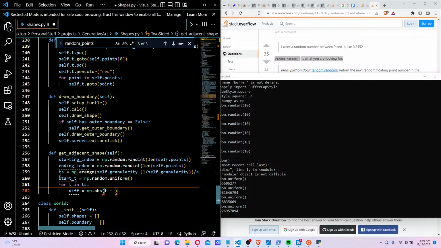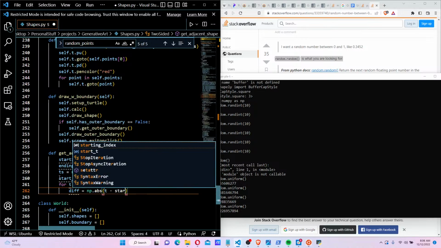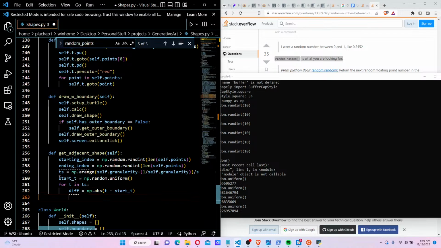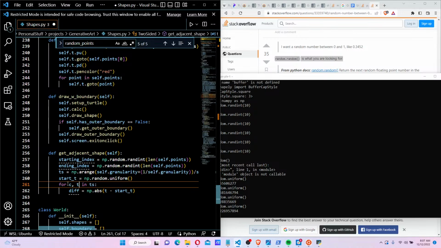So start at a random point between 0 and 1 on the uniform distribution, then get the difference between the current t and the start t, and then can do for c, t in enumerate. So now we get an index called c at each time.